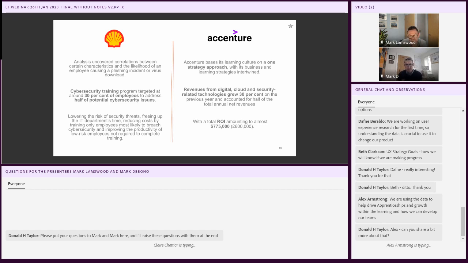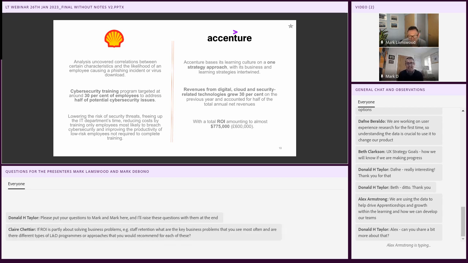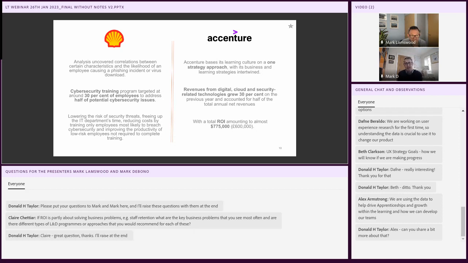And the example that they talk about with Cornerstone is around that clear alignment of learning around how can we grow revenue, in this example around their cloud division, by the deployment of really targeted learning in a moment where they saw a good opportunity to capitalize on the market around some of their cloud investment and cloud products. So they tied business strategy with learning strategy and saw a fairly marked increase in performance. At this point, it was 30%.